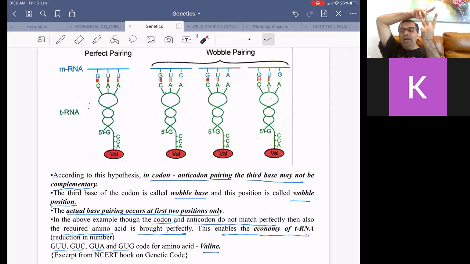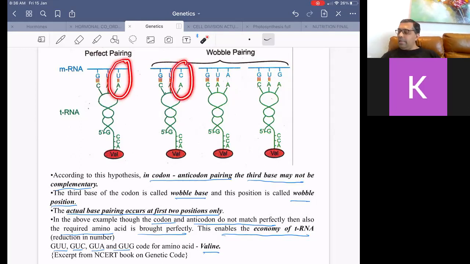Third के बीच में कॉम्प्लीमेंट्री पेयरिंग नहीं है, तो it will not pair, उनके बीच में हाइड्रोजन बॉन्ड्स नहीं बनेंगे, and the two nucleotides will keep on shaking, wobbling, and this shaking or wobbling is called the Wobble Hypothesis. तो यहां हुआ परफेक्ट पेयरिंग, तो बॉन्ड हो गया, यहां हो गया, यहां हो गया और यहां हो गया.